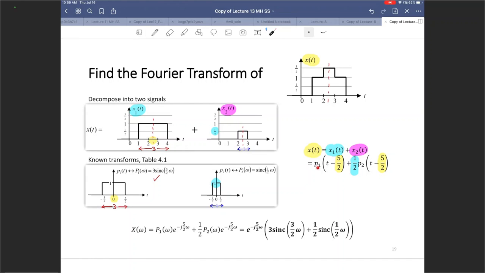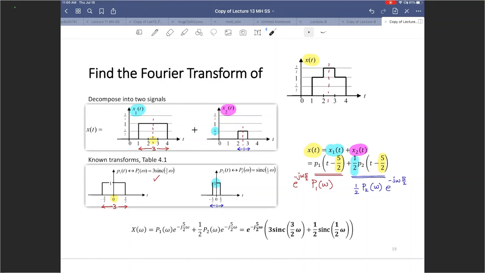The Fourier transform of this one will simply be P1(ω) multiplied by e^(-jω5/2). And the Fourier transform of this one is going to equal half P2(ω) multiplied by e^(-jω5/2).